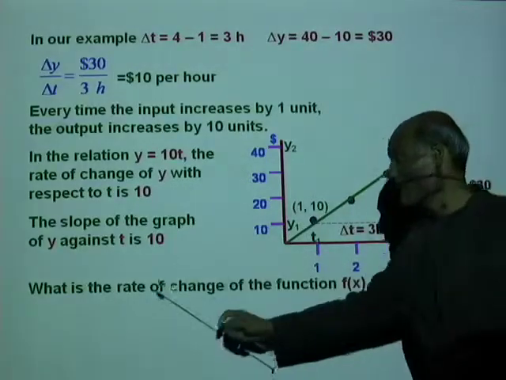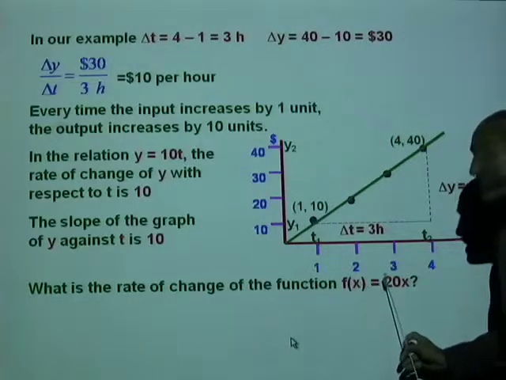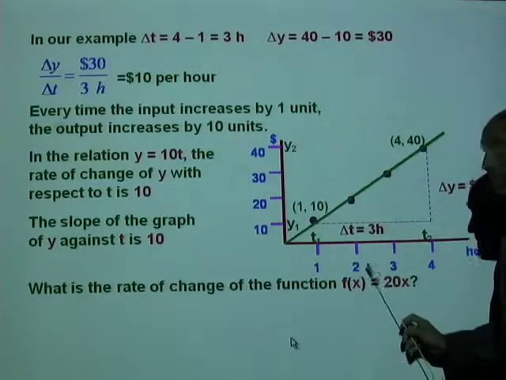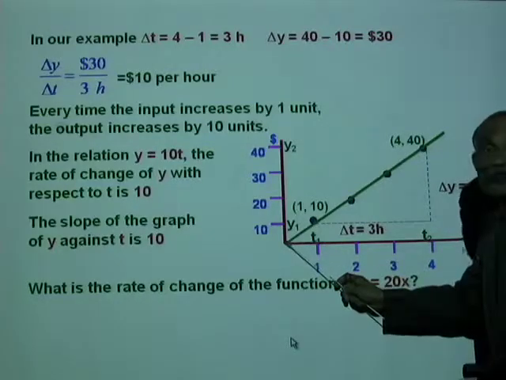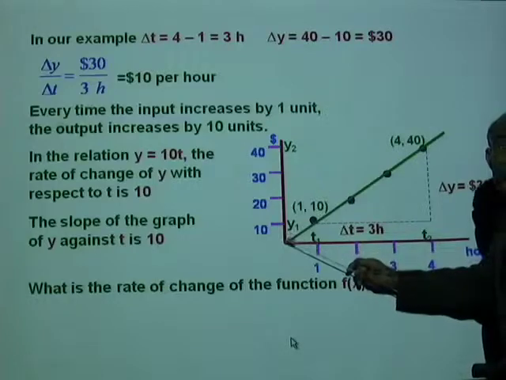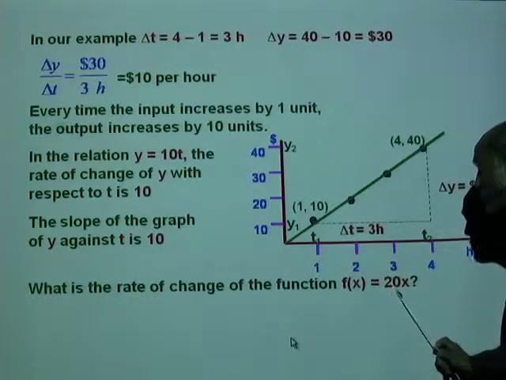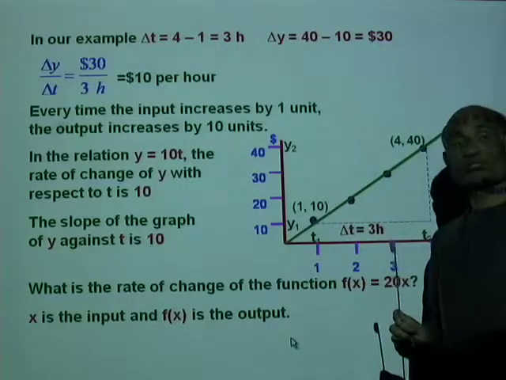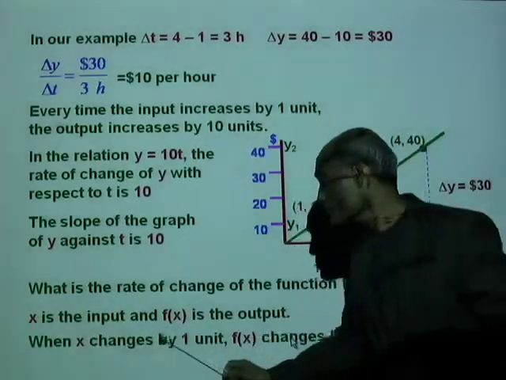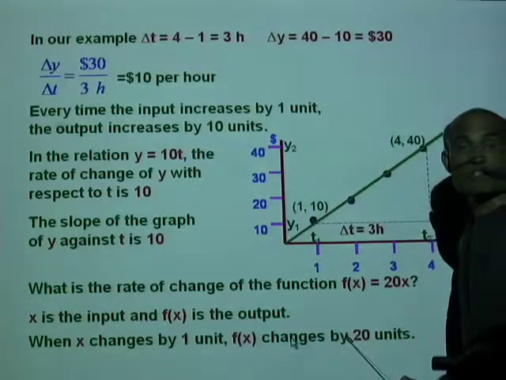All right, now tell me, what is the rate of change of the function f of x equal to 20x? Well, if you have the graph of this, it will go like this. Every time x changes by 1 unit, the output will change by 20 units. Is that right? Now, when x changes by 1 unit, f of x changes by 20 units.